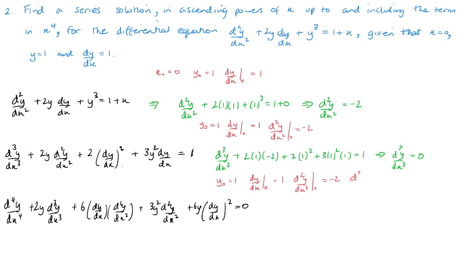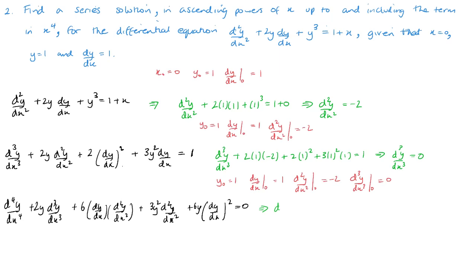And d3y by dx cubed when x is 0 equals 0 is going in. So that's what I was talking about with the full notation, saying what I'm substituting in each one.